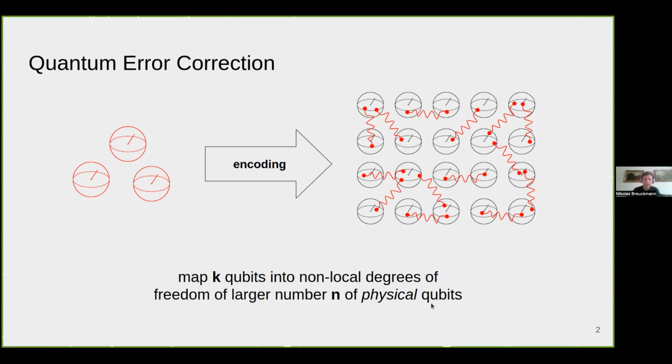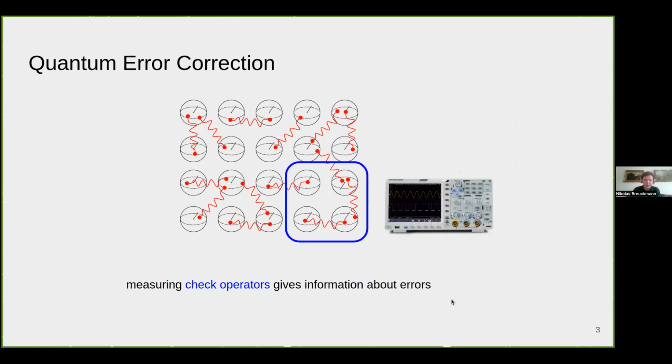These are the qubits that we have in the lab. Once errors occur, we continuously keep measuring so-called check operators, which give us information about what errors occurred. Then we process this information with a classical algorithm and apply a recovery operation.